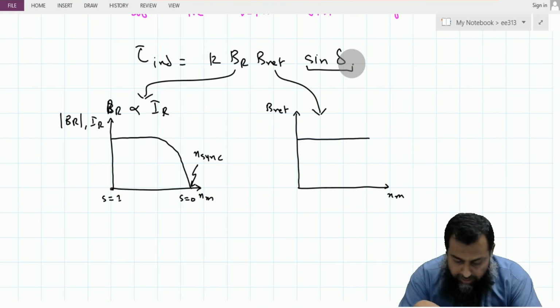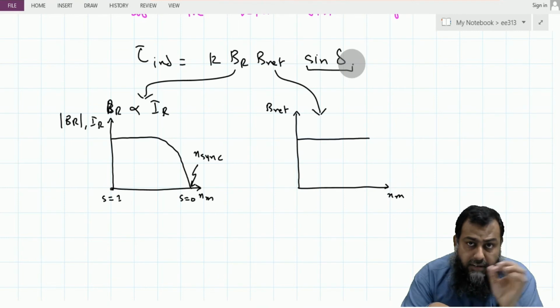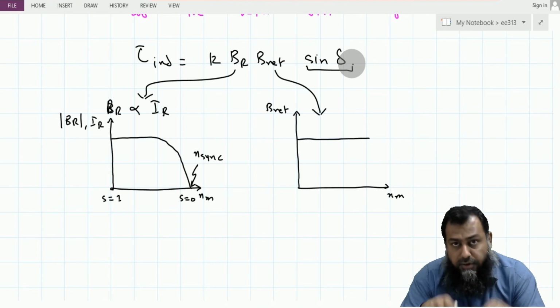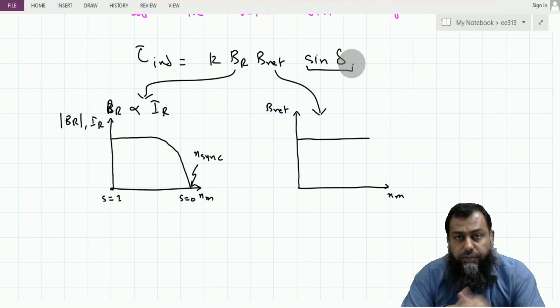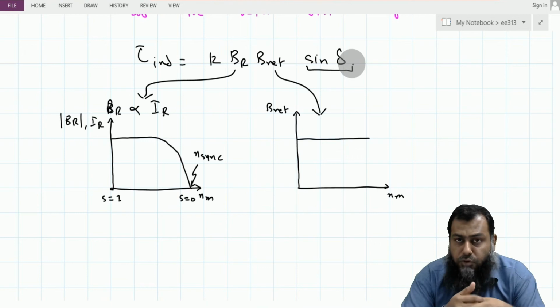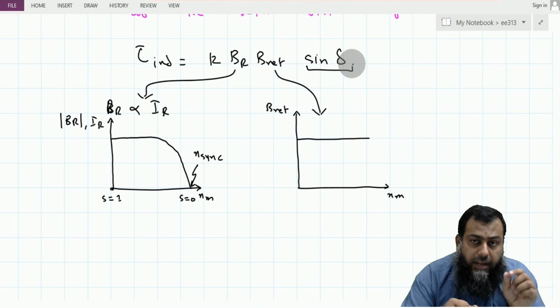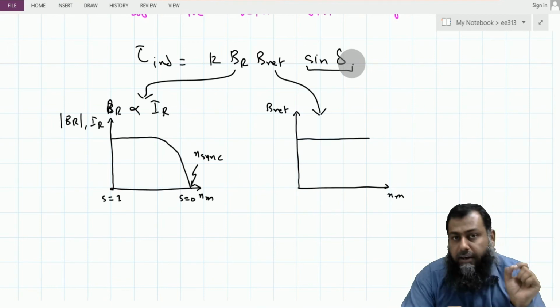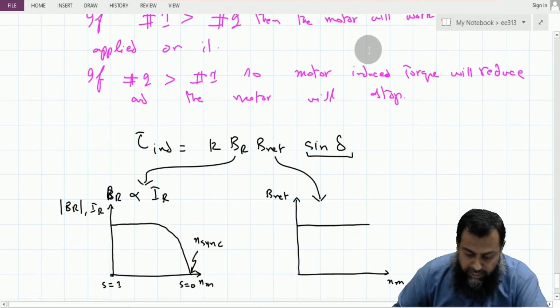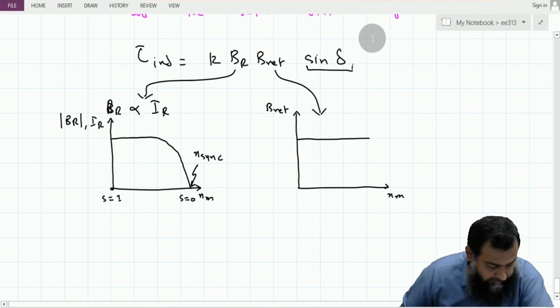Instead of plotting it only with respect to sin delta, there is a mathematical procedure through which we can convert this sin delta in terms of the rotor power factor angle, because the rotor power factor angle is a little bit more convenient and makes more sense, because ultimately the effect of load on the machine impacts the rotor power factor, as we have just seen here, right?